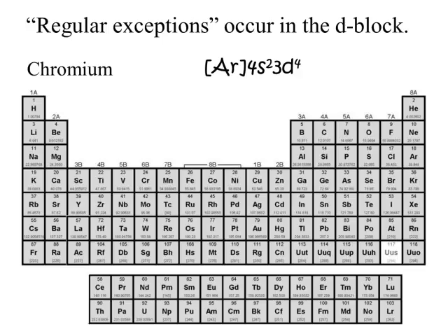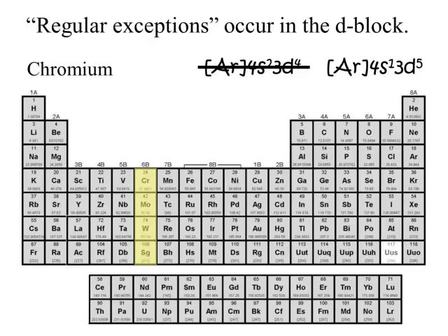In an atom of chromium, one electron bumps up from the 4s sublevel into the 3d sublevel. The correct electron configuration, the way chromium really exists in the world, is argon 4s1 3d5. This rewrite applies to all the elements in the fourth column of the d block.